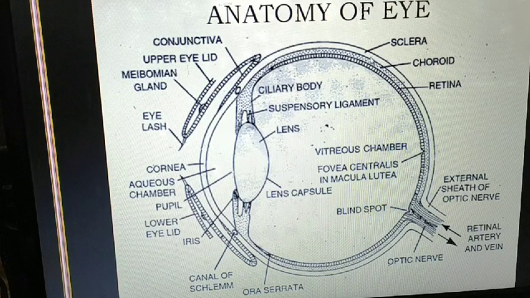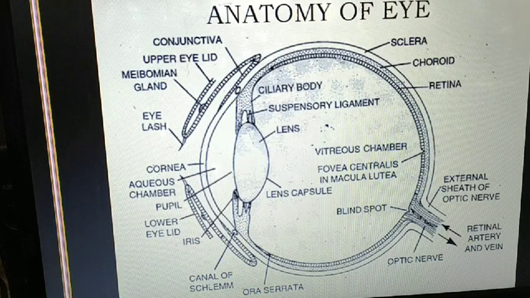Then it is made up of a connective tissue, pigment cells and blood vessels. So the pigment cells absorb the light and they prevent the reflection of the light within the eye. Blood supply the nutrients and oxygen to the inner lying coat, which is known as retina.